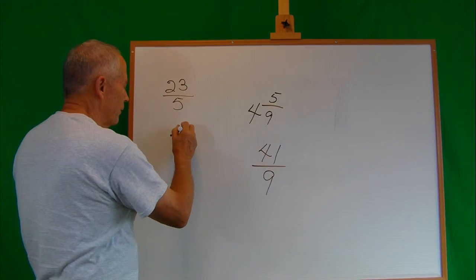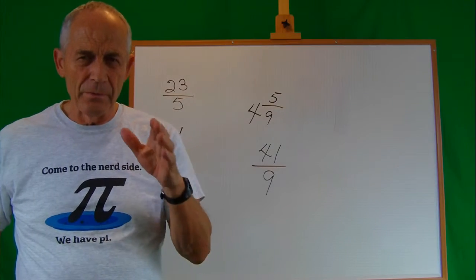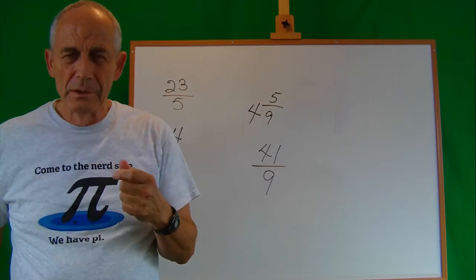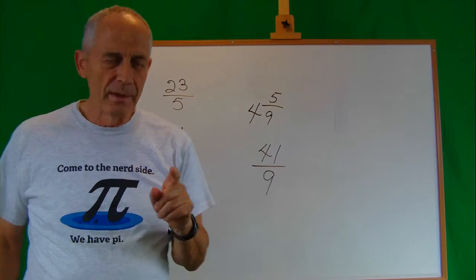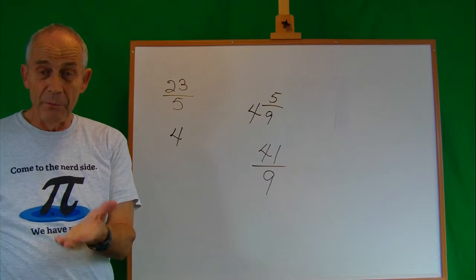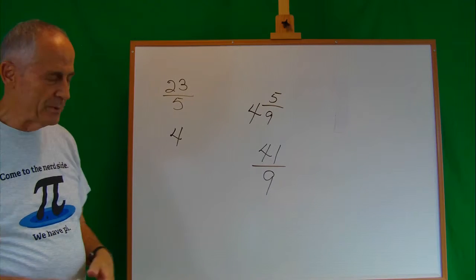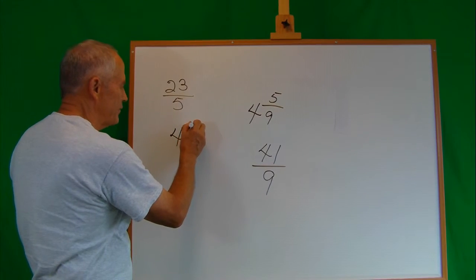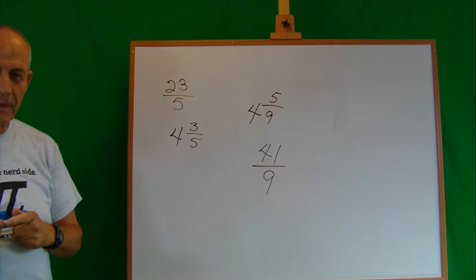So we've got 4. Now those 4 groups of 5 give us a total of 20. So that takes up 20 of them, but that means we still have 3. So I have 4 full groups, and I have, in addition to that, 3 fifths.